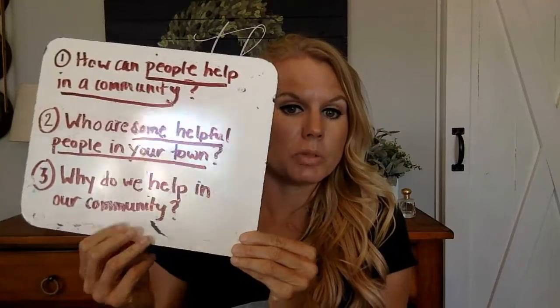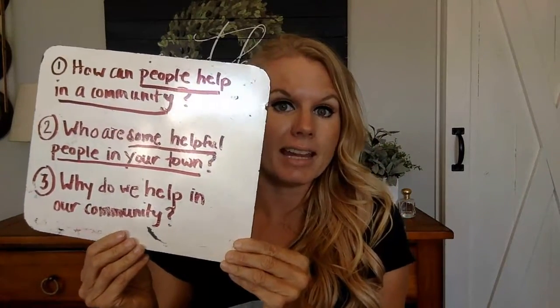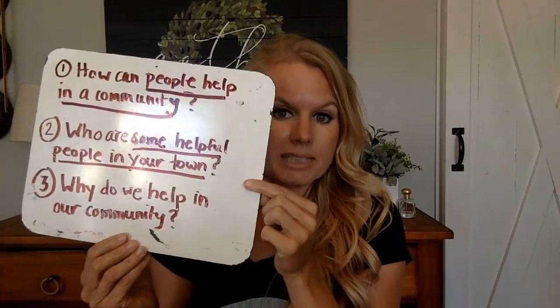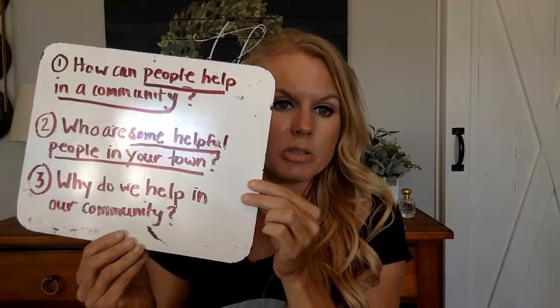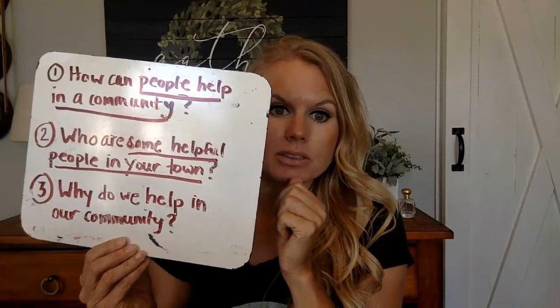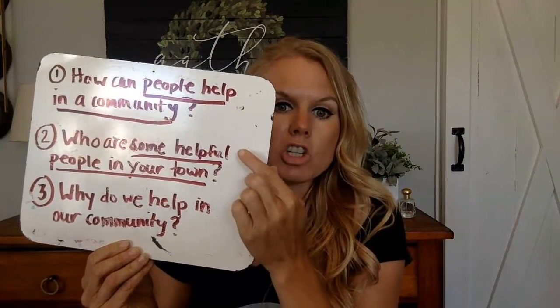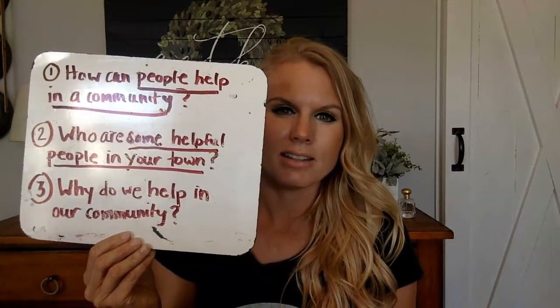So I would use part of the question as my first answer. And then I might talk about police officers, and then I might talk about firefighters, right? Because that's what I introduced. Or there are lots of helpful people in my town. Again, I'm using this question to recycle words so that I have my very first sentence, right?